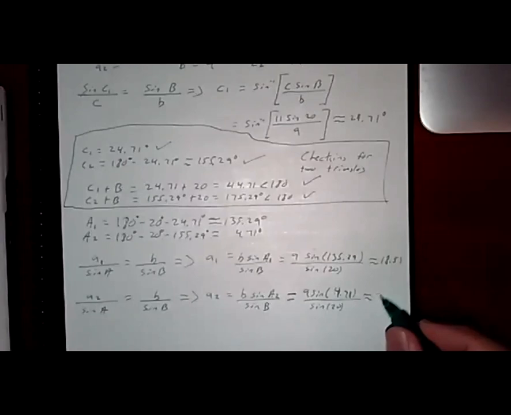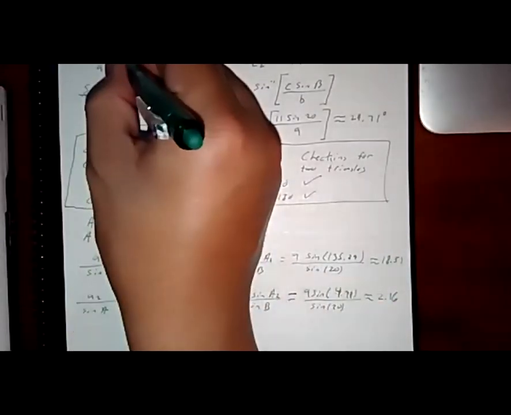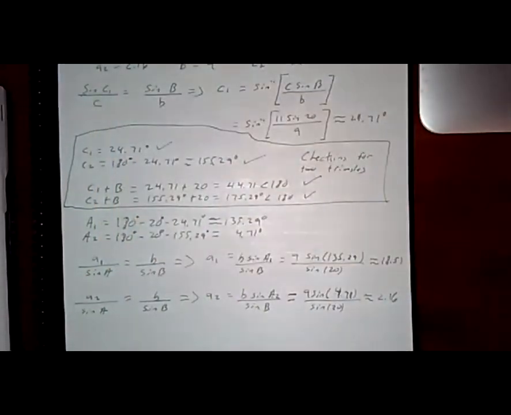Okay, so this would be 2.16. Yeah, the angle was too big. It wouldn't be a triangle if it was 24.